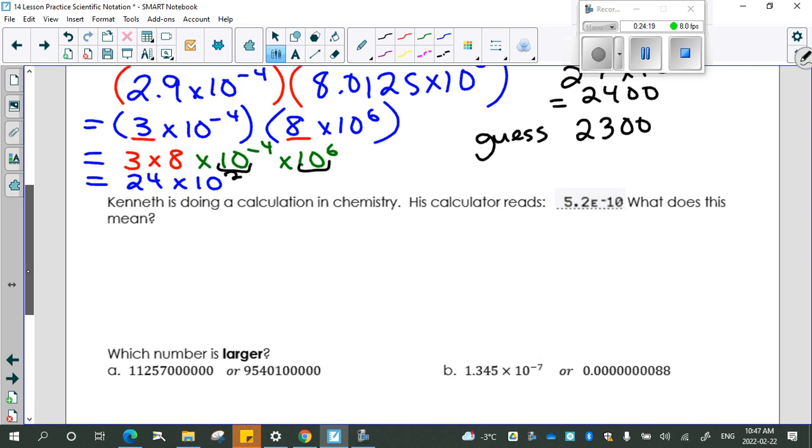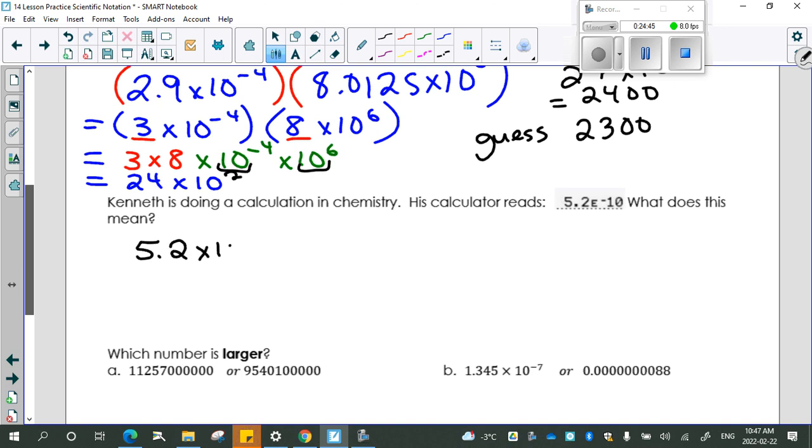All right, so Kenneth is doing a calculation in chemistry. His calculator reads 5.2 e negative 10. What does this mean? So if he sees that on his calculator, what does that actually mean? In scientific notation first, what does that mean? 5.2 e negative 10. Yep.